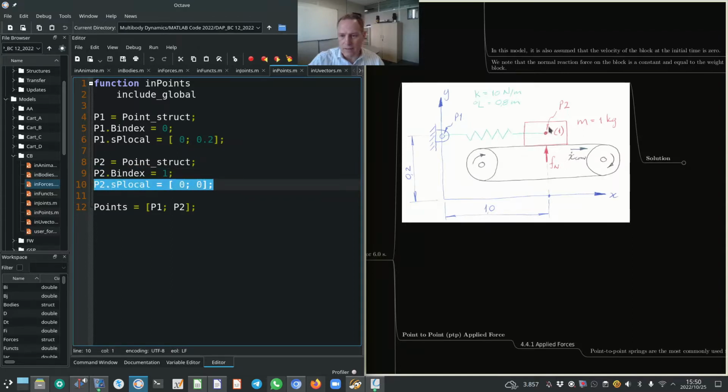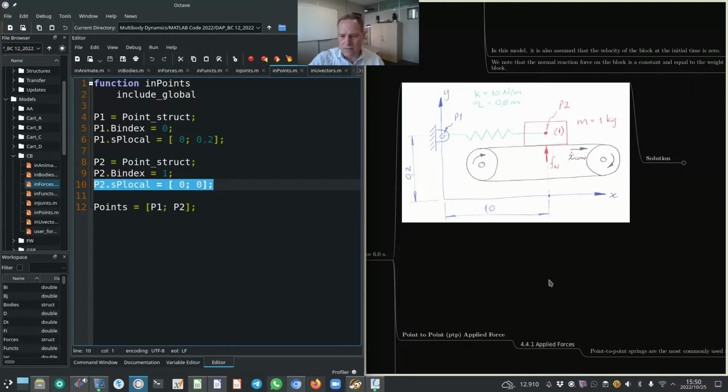So I already spoke about the local coordinate system that is not shown. It's not imaginary, it's an actual, real coordinate system, but it is not shown. Be that as it may, the origin of that coordinate system is at the center of gravity of the block, and that's where our point P2 is.